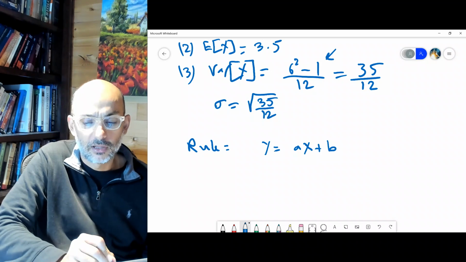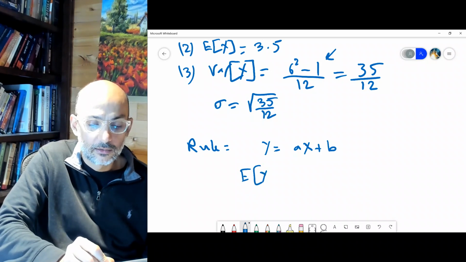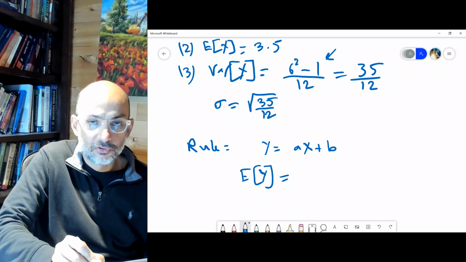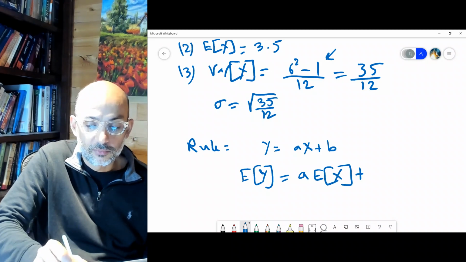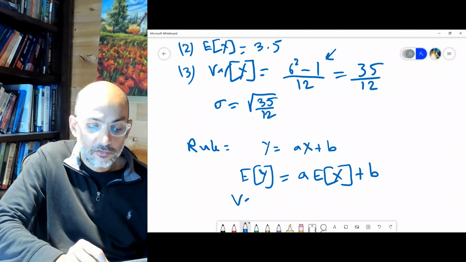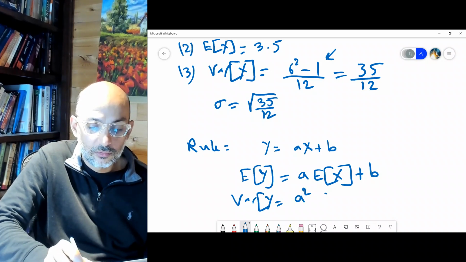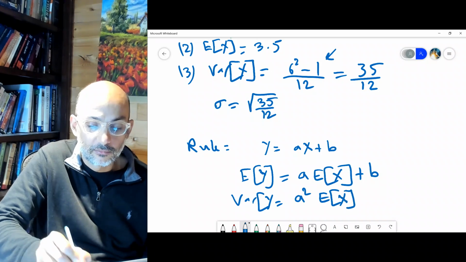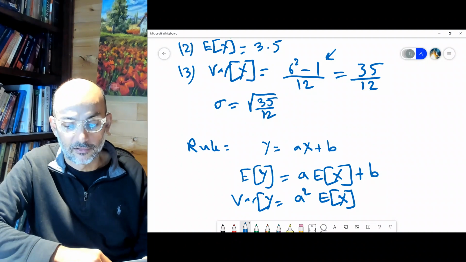You add some parameters. If you do that, the expected value of y can be computed as a times the expected value of x plus b, right? The variance of y is simply a squared multiplied by the variance of x. You drop the b because it does not affect the variance, right?